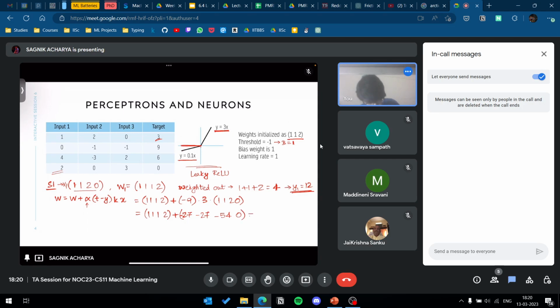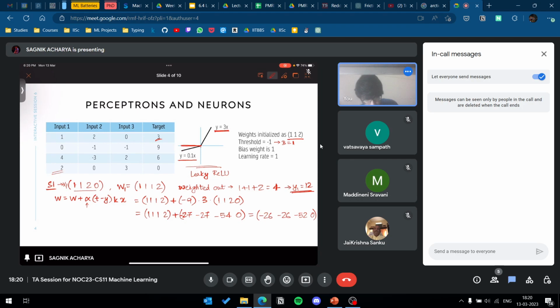So minus 26, minus 26, minus 52 and 0, not 0, sorry, this will be 2, right? Minus 52 and this will be 2. So this will be your new weight vector again. So this is now w2, you can call it.